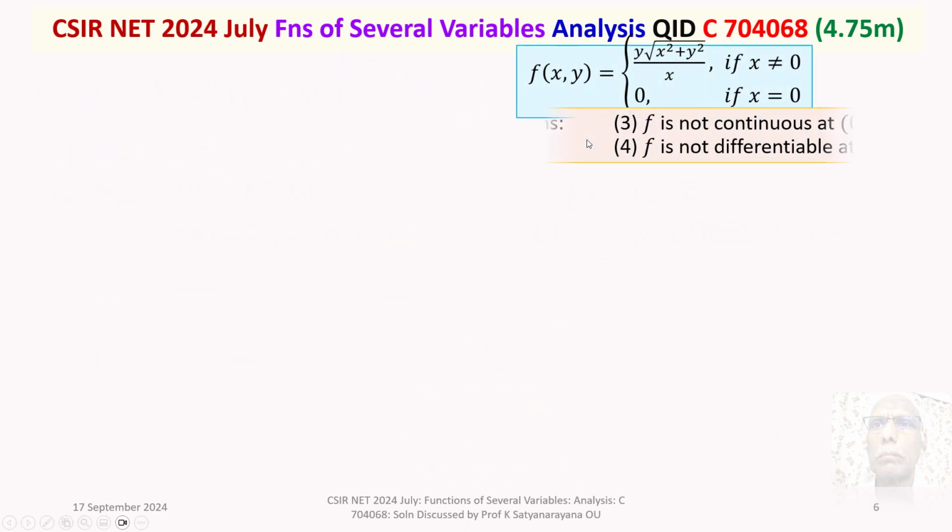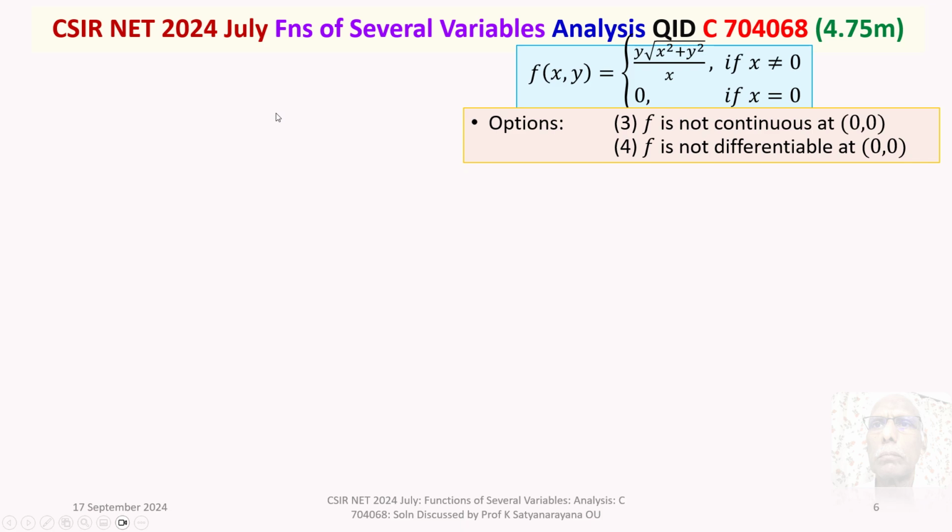Yes, that's our function. And we are left with options 3 and 4, where option 3 says f is not continuous at 0, 0. To talk about continuity, we have to first of all find out the limit of the function f of x comma y as x comma y tends to 0, 0, whether it exists or not.